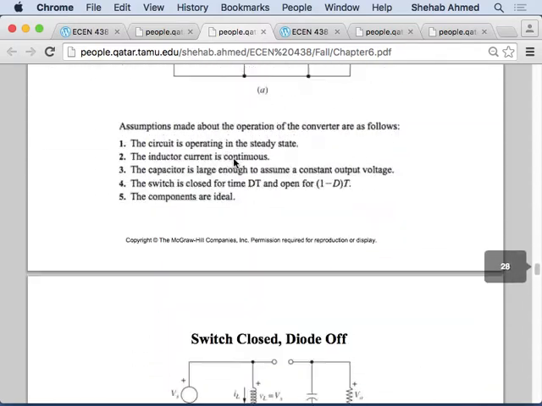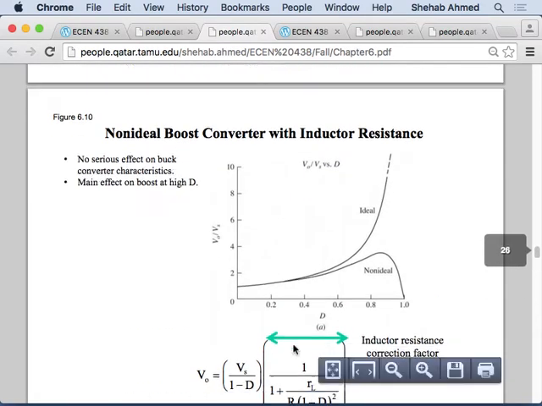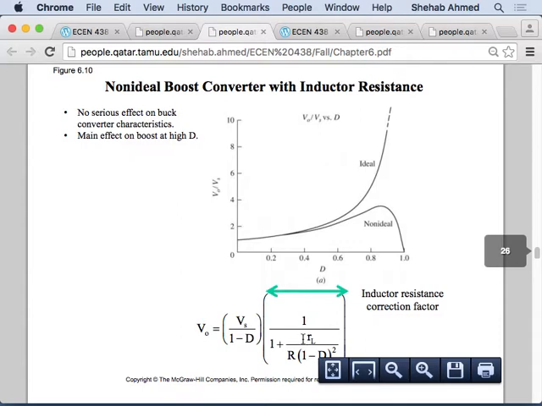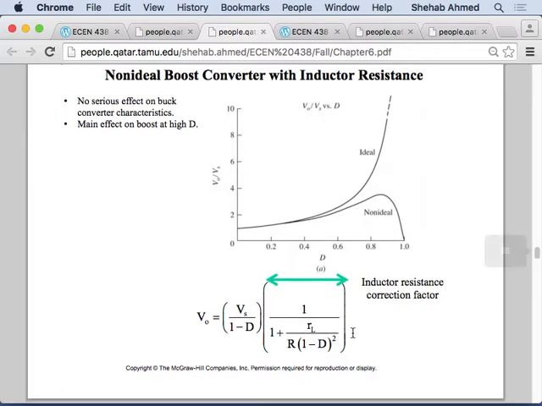We looked at the effect of adding RL in the boost converter, the resistance of the copper wire of the inductor. What it did was not allow the converter's voltage transfer ratio to go to infinity, and we said that it limits the voltage transfer ratio in the boost converter, right?